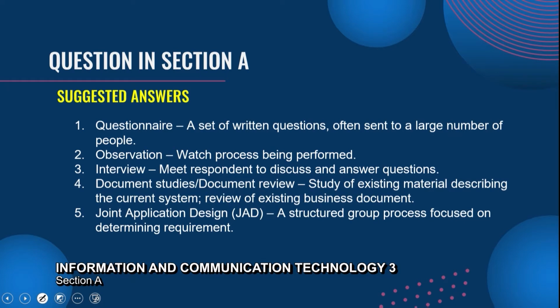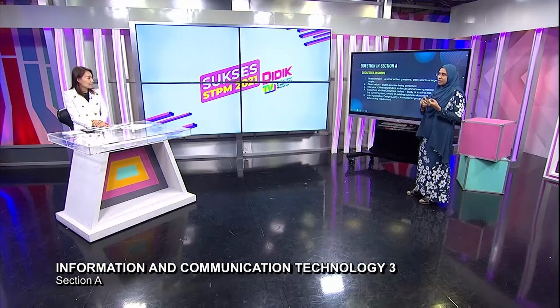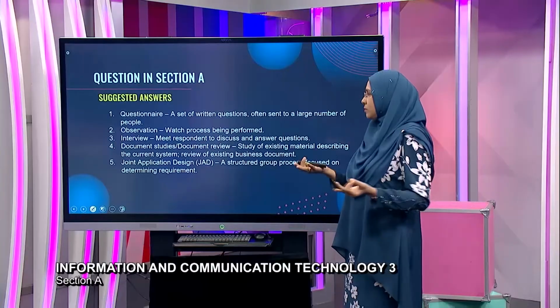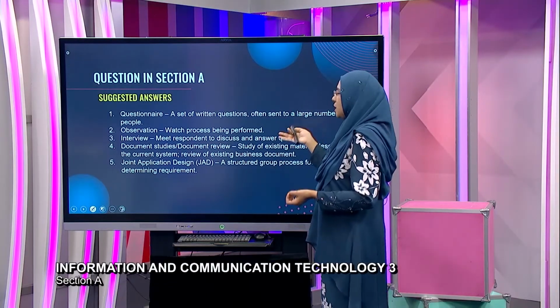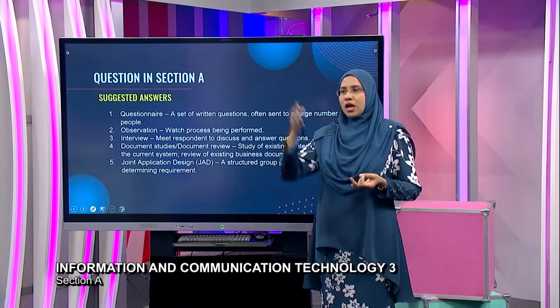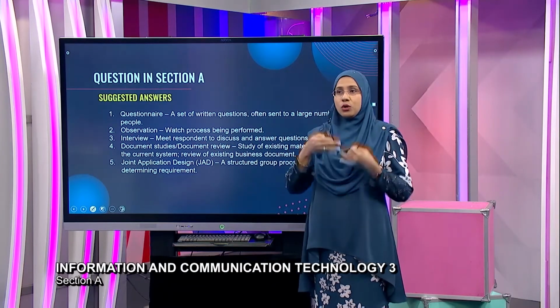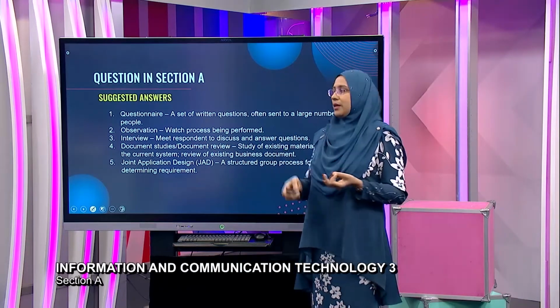That's it, very straightforward. Next method is observation. What is observation? Watch the process being performed. You see in the organisation how the data flows from one department to another, and you observe and jot it down.